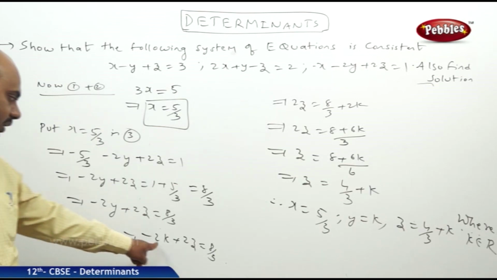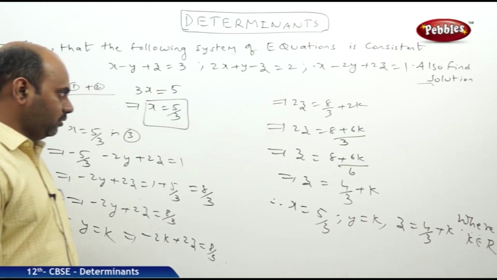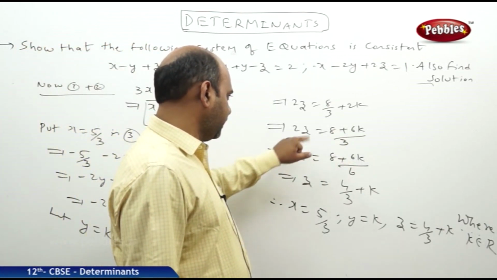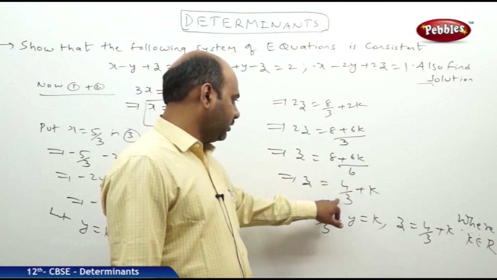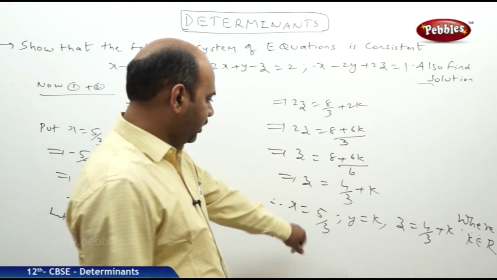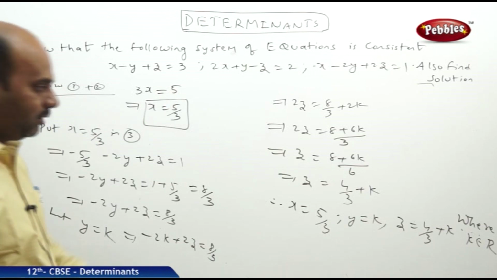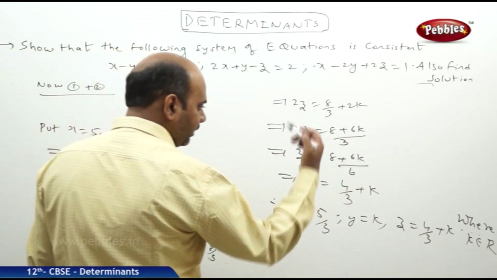So minus 2k plus 2z is equal to 8 by 3. 2z is equal to 8 by 3 plus 2k. So taking the LCM, 2z is equal to 8 plus 6k by 3. So z is equal to 8 plus 6k by 6. 8 by 6 means 4 by 3, and here k. So we got x is equal to 5 by 3, y equal to k, z is equal to 4 by 3 plus k. Hence, we should write k belongs to R.